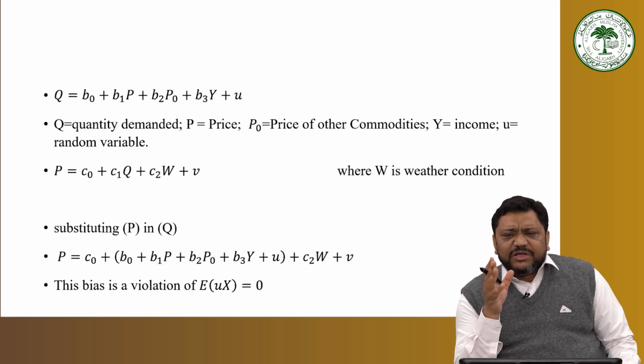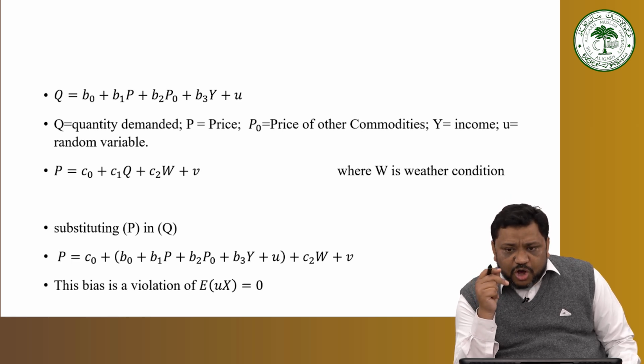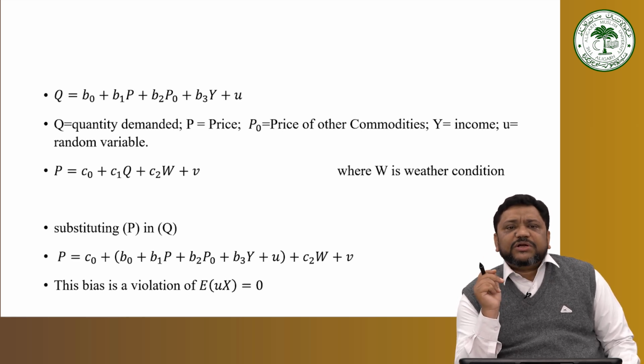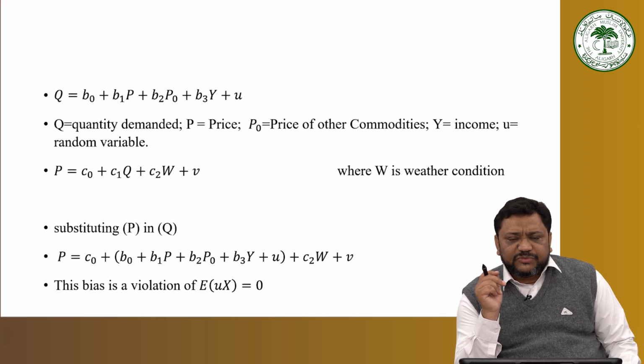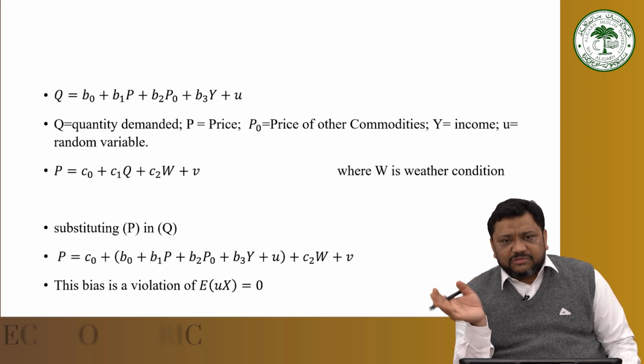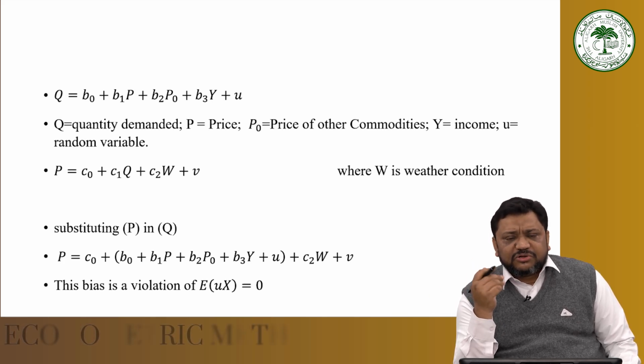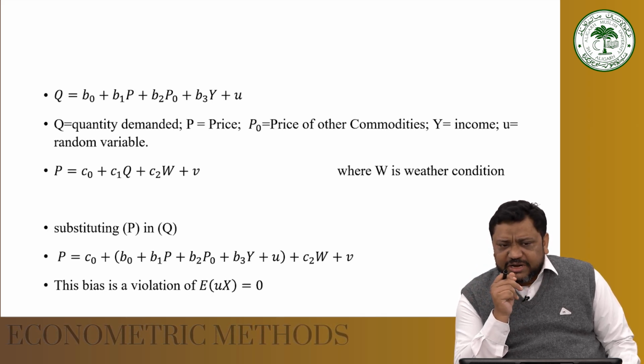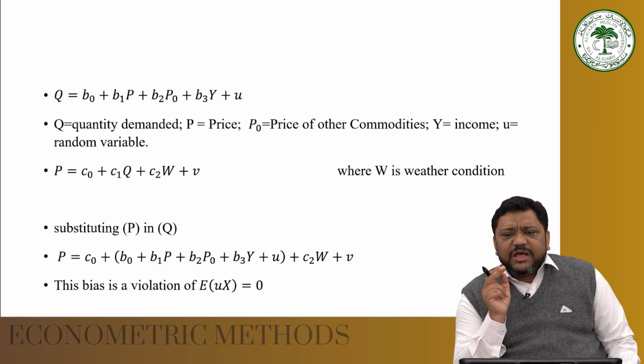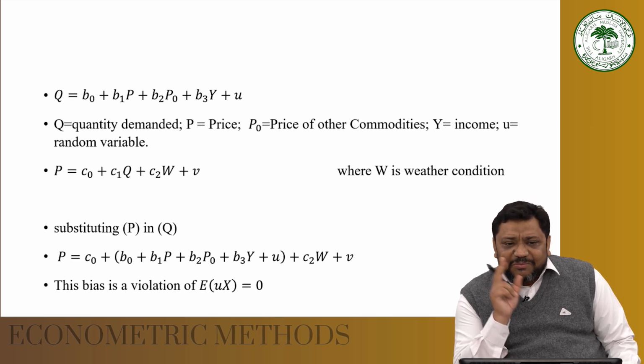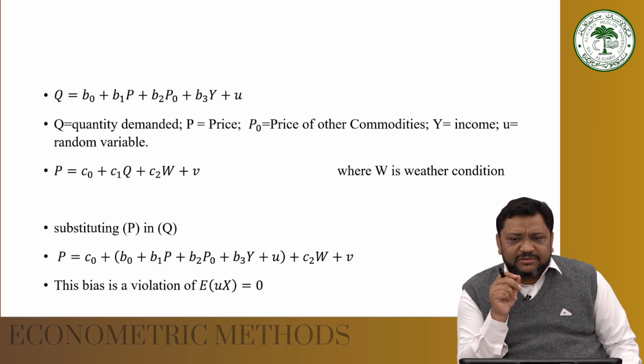The demand for any commodity is a function of its price, but at the same time, price in the market is also influenced by the quantity demanded. If the demand is very high, the producer class or the seller class will increase the price of it. So consequently, this simple demand equation cannot be treated as a complete entity.